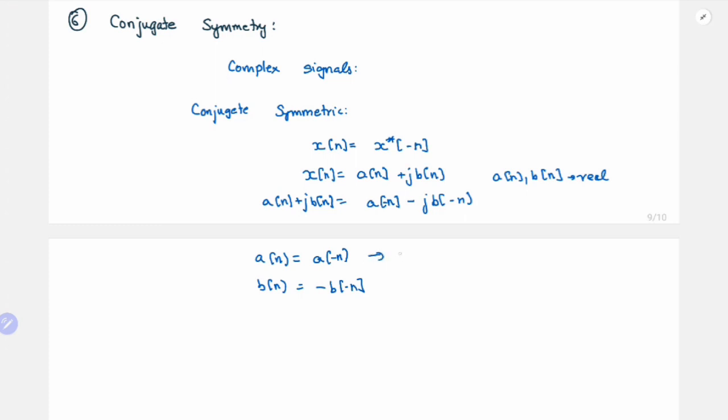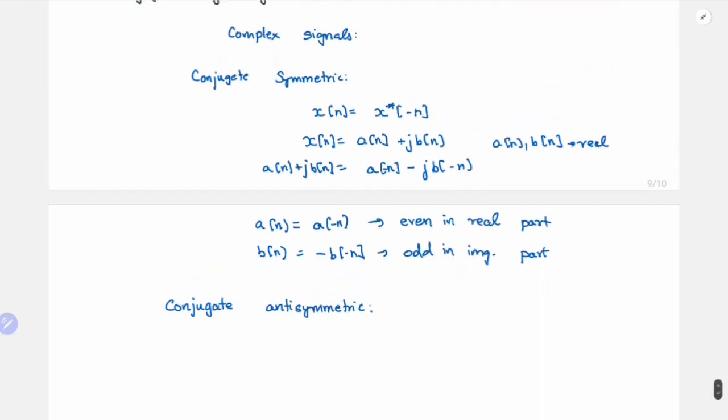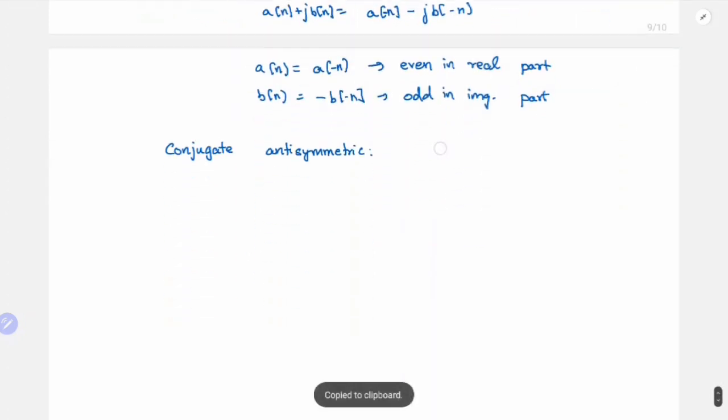So it means it is even in the real part and odd in the imaginary part. Okay, this is conjugate symmetric. And conjugate antisymmetric is the same except for a minus sign. So we can just copy this.